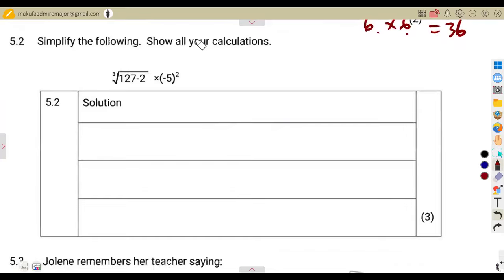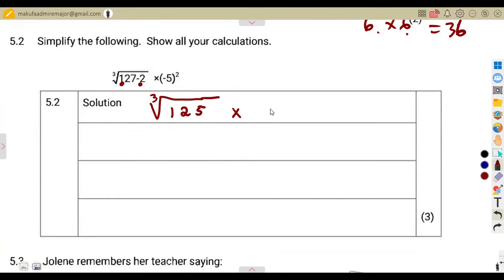Simplify the following, show all your calculations, all right? The cube root of 127 minus 2 times this. We are given the cube root of 127 minus 2. Let's subtract. 127 minus 2 is 125, times minus 5 to the exponent of 2.